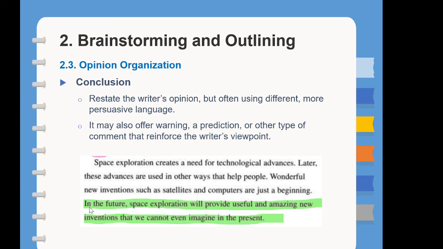What do we include? A prediction. So in the future, space exploration will provide useful and amazing new inventions that we cannot even imagine in the present. Okay, and that's all for the organization of opinion essay writing, and I hope you learned something.